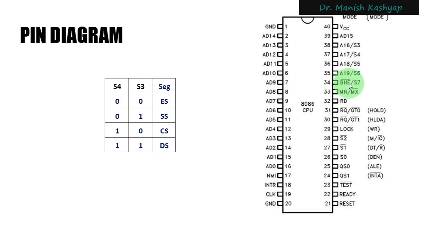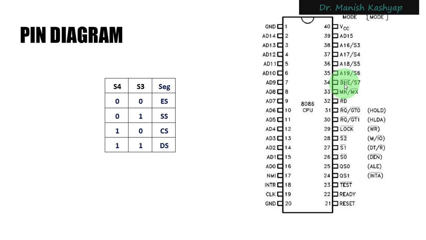The externally interfaced memory of your 8086 is treated as a memory comprised of odd addresses and even addresses, which every memory is, but this bus high enable signal is used to indicate that you have an odd memory bank and an even memory bank, which correspond to odd addresses and even addresses. So if you want to activate the odd addresses, this signal will be enabled, right? This signal will be made high.